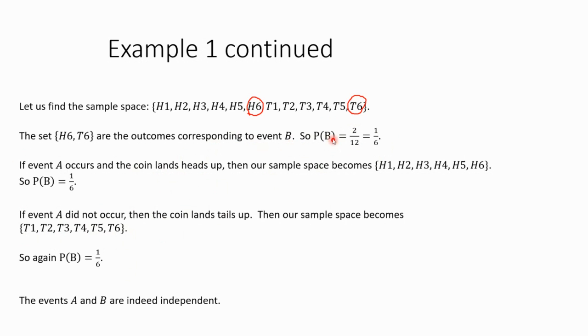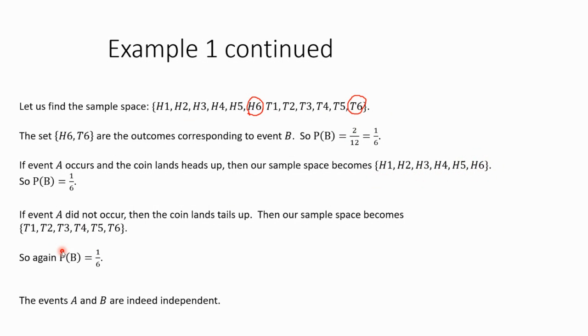But we have to see whether this probability depends on whether event A occurred or not. If event A did occur, the coin landed heads up, then these can only be our possible outcomes. Because these have a tails in it, but we knew the coin landed heads up, so we can disregard these. And from here, we get 1 out of 6, because that's the only outcome where we roll a 6.